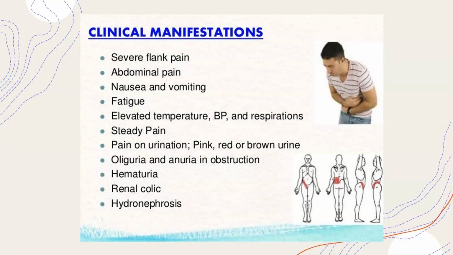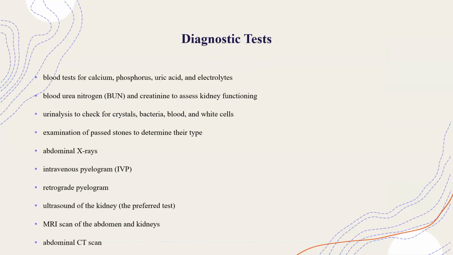Oliguria and anuria in obstruction are seen in very acute cases. Hematuria, or blood in the urine. Renal colic, a typical type of pain in the flank region which could radiate downwards, and there is hydronephrosis.